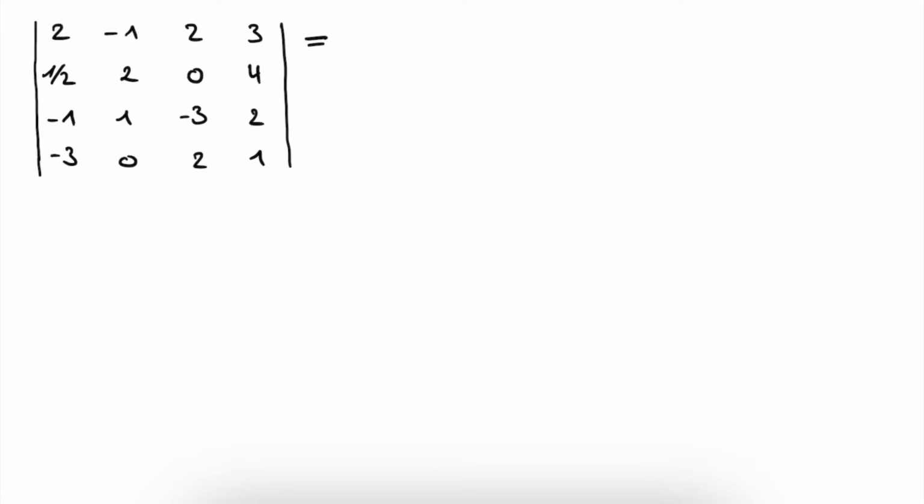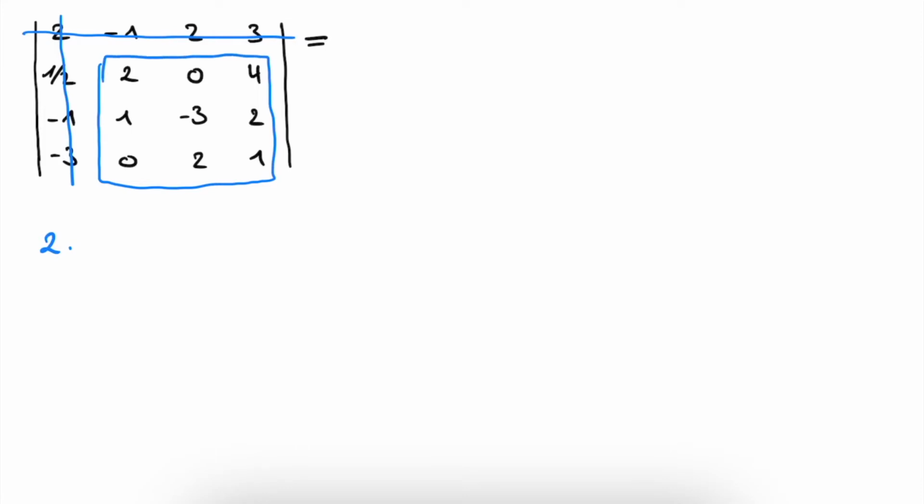First, you take this 2 and you write it 2 times, and you multiply it with the 3x3 determinant when you ignore the row and the column of which this 2 is a part of. In this case, what remains is this 3x3 determinant.